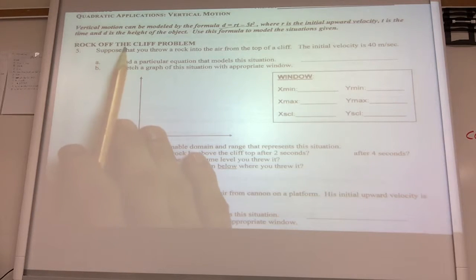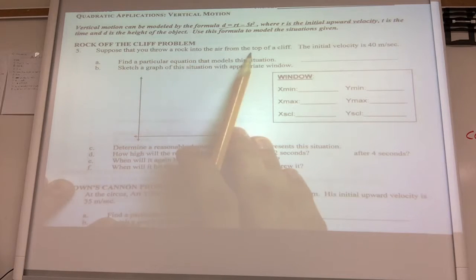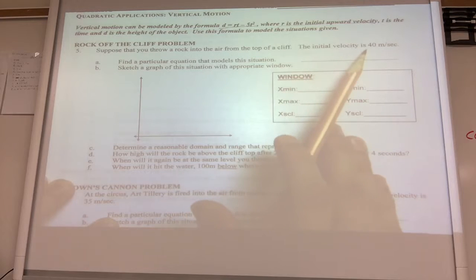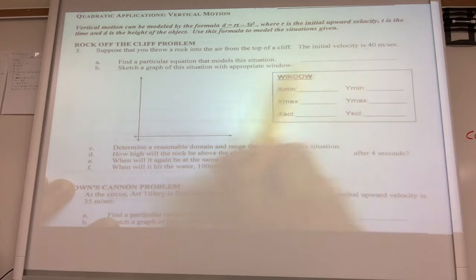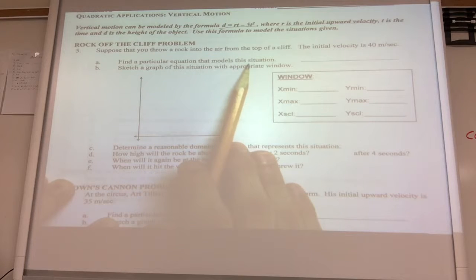So this is talking about a rock being thrown off a cliff. It says, suppose that you throw a rock into the air from the top of a cliff with an initial velocity of 40 meters per second. Find a particular equation that models this situation.